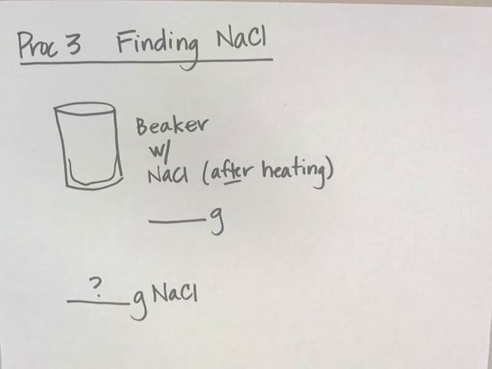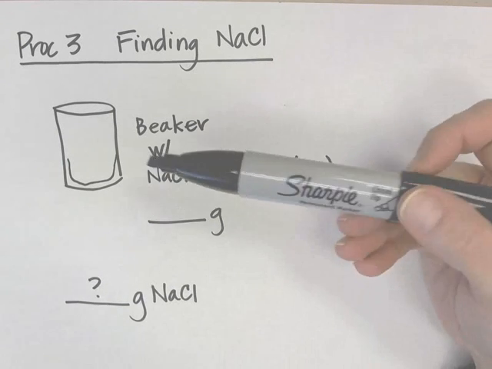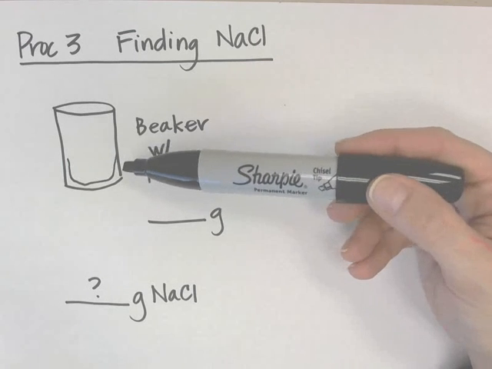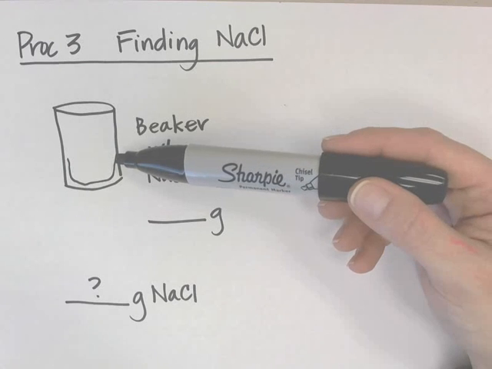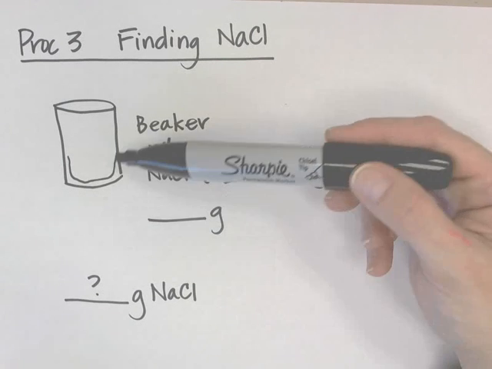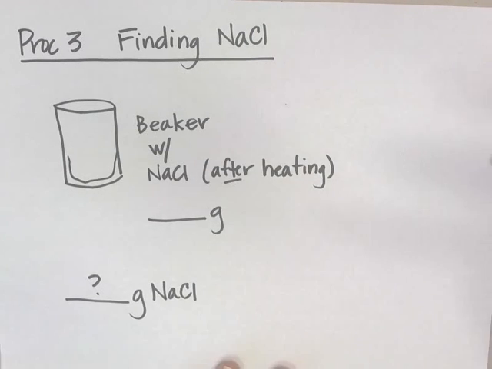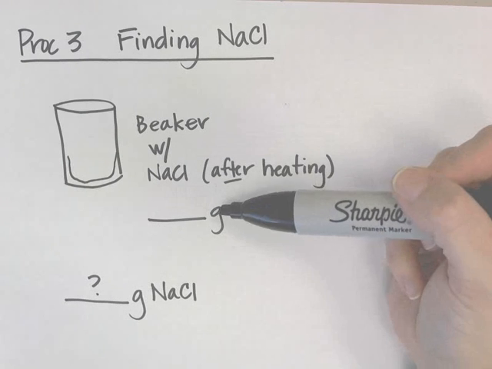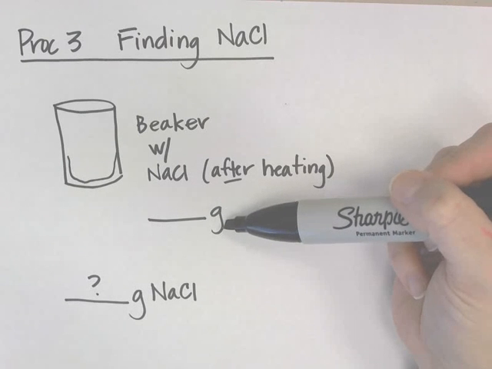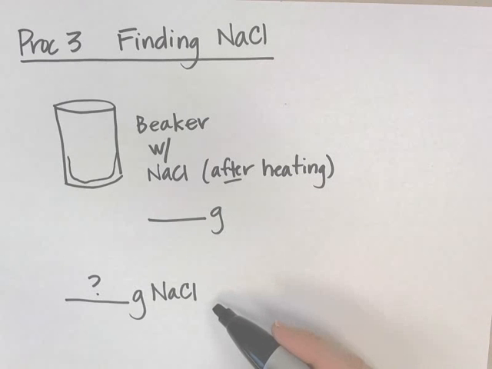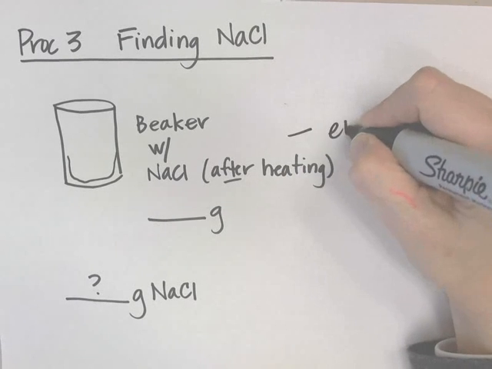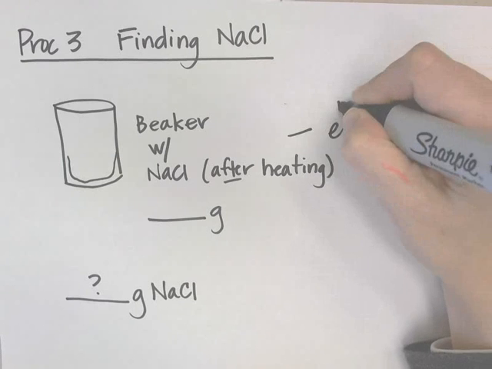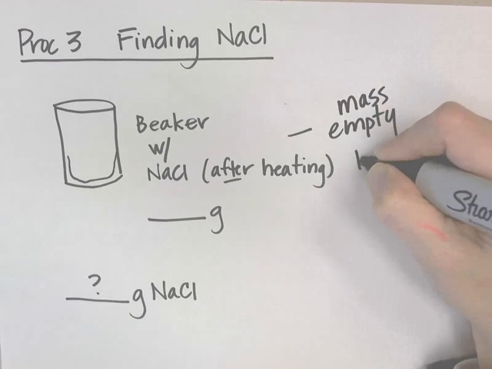And then in the third procedure, we're looking for sodium chloride. We actually are going to have in the procedure salt water in a beaker that we heat, and the water will evaporate and leave behind a film of salt. Again, we don't want to know how much the beaker and the salt weigh for our calculation. We want just how much salt is present. So again, we subtract out the mass of an empty beaker.